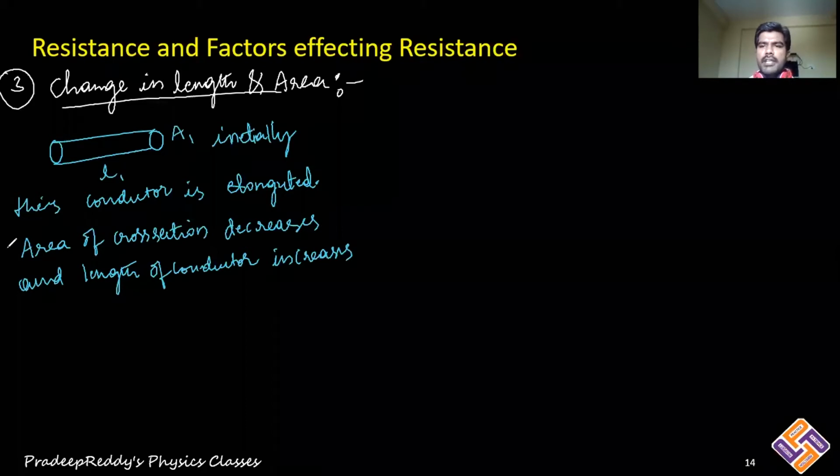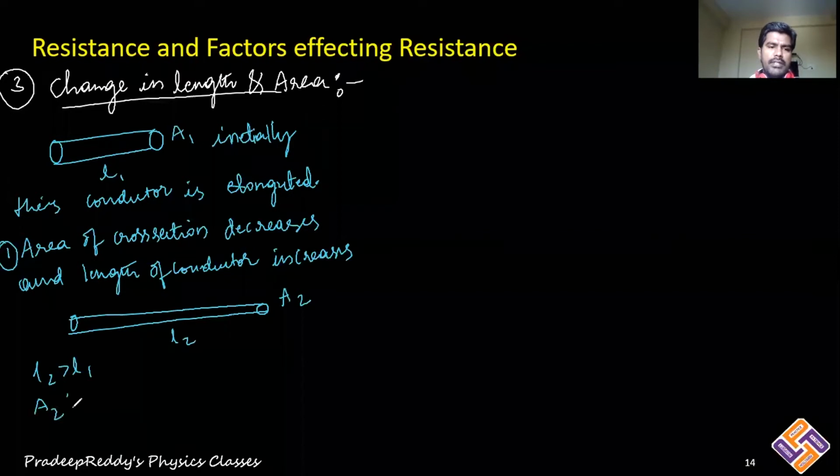Area of cross section of the conductor is decreasing, obviously you can tell that, and length of the conductor would increase. So what will be the new condition? Area of cross section here is A2, length of the conductor is L2. Clearly L2 is greater than L1, A2 is less than A1.